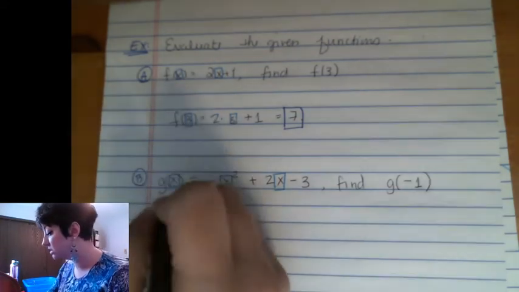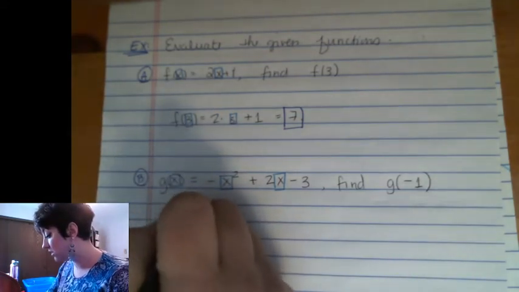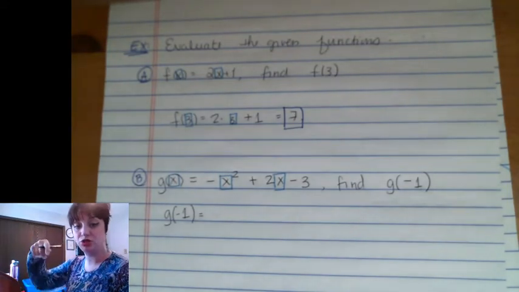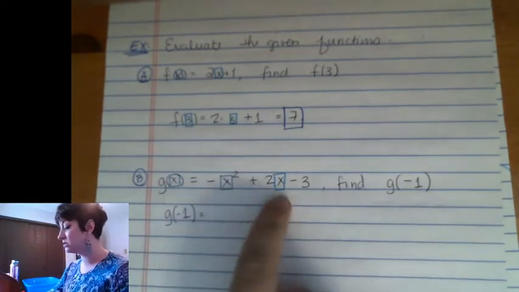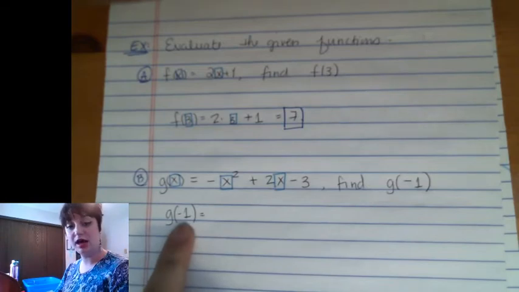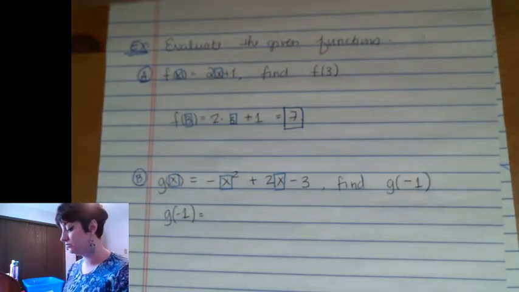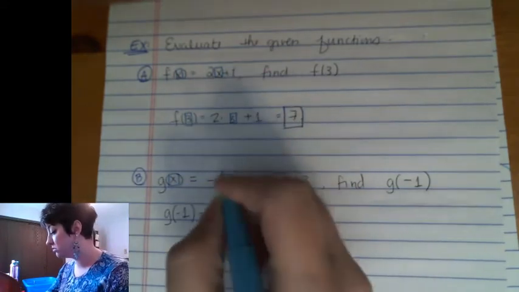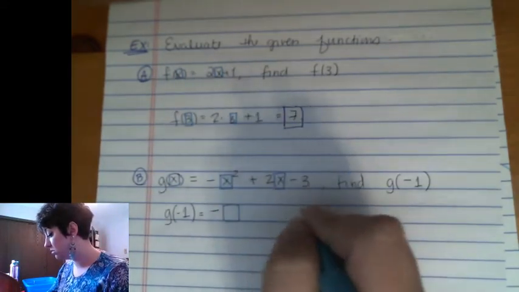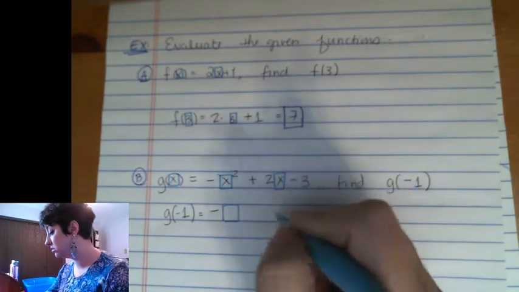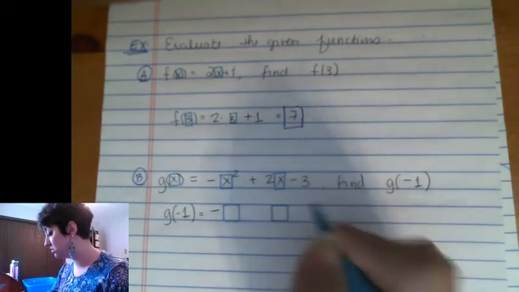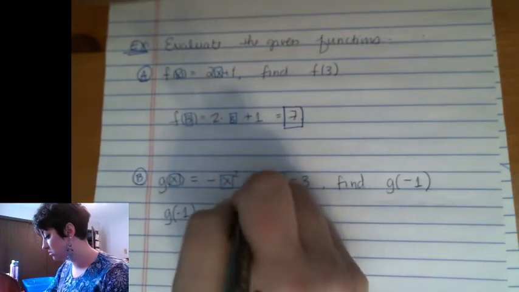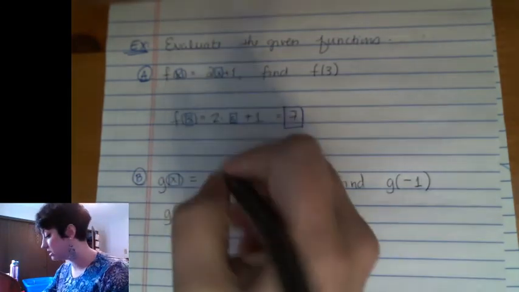So when I do this, G of negative 1, I want to plug negative 1 into my G machine. So everywhere I have an x, now I get negative 1. So negative 1 squared. I am going to use parentheses here.